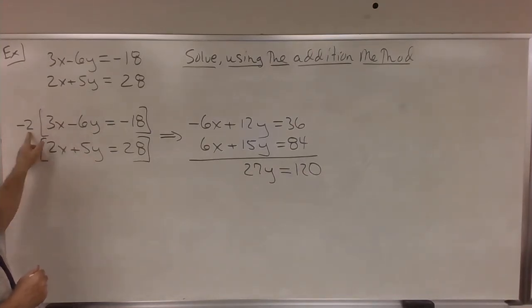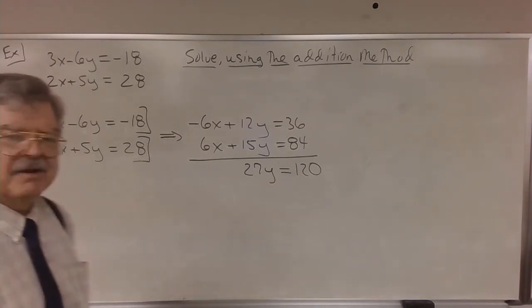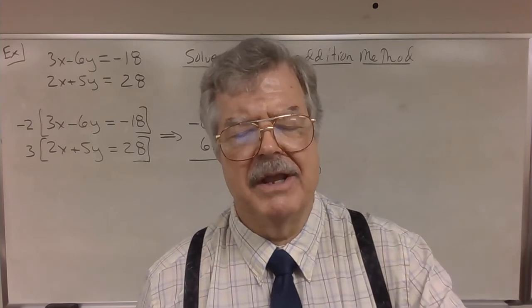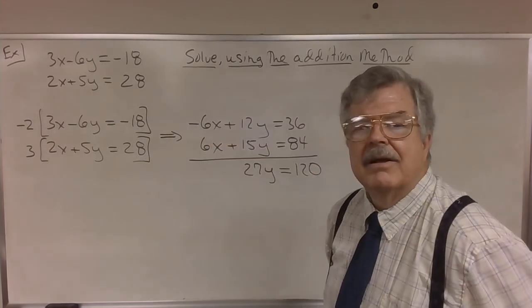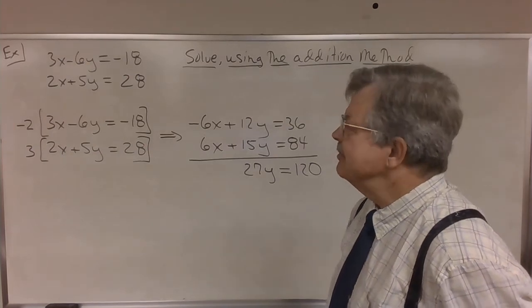Let's see, negative 2 times negative 6 is plus 12. Something is definitely not right here. My math is not right. Let me stop and check it. Okay, I'm back. My math is correct.